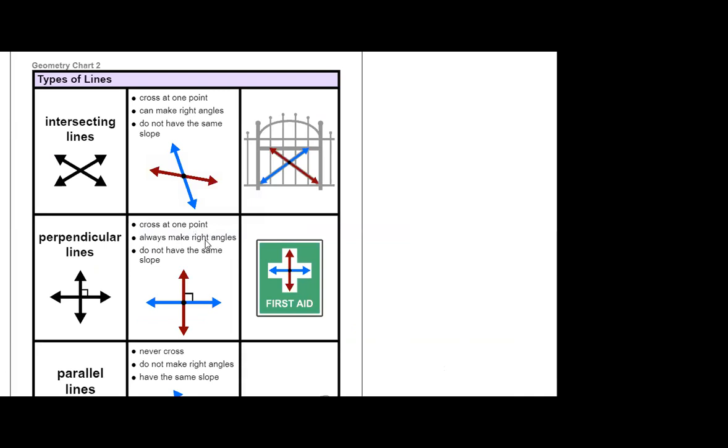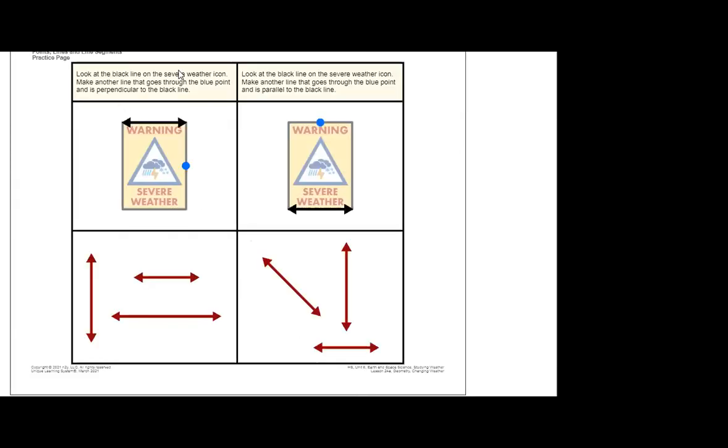They always make right angles, and they do not have the same slope. So we have to make a line that goes through the blue point and is perpendicular to the black line, right? Yes. Okay. I wanted to make sure I'm reading that right.